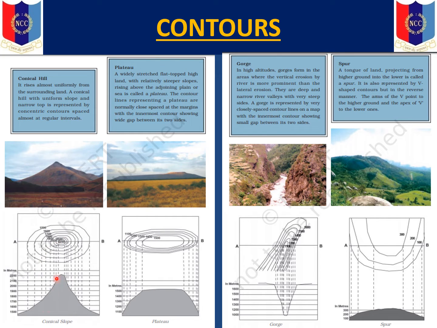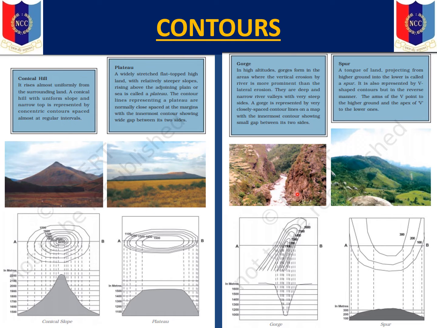Whereas the hill, you see the top of the hill is shown by a circle here, and both the slopes on either side are depicted using lines closer together or farther apart. A gorge in high altitudes is where the vertical erosion by a river is more prominent. You see this figure?